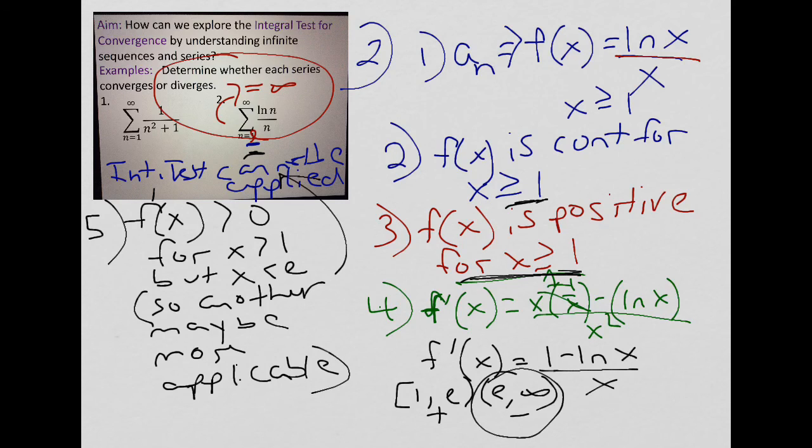So just a little heads up, if it doesn't give you a numeric answer, let's say it's something with no answer or infinity, you're going to say that it diverges. So that's it. Hopefully you understand the integral test for convergence, and good luck on the practice.